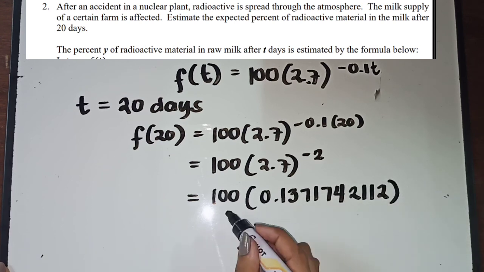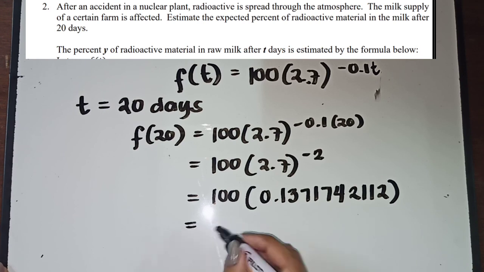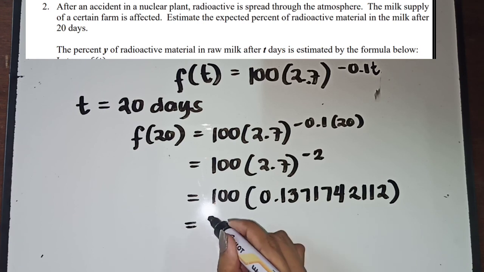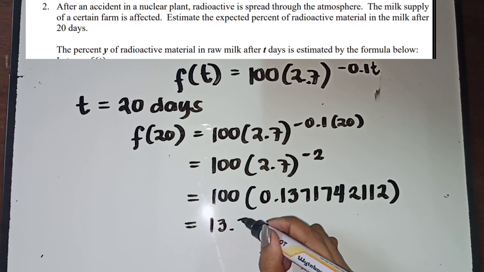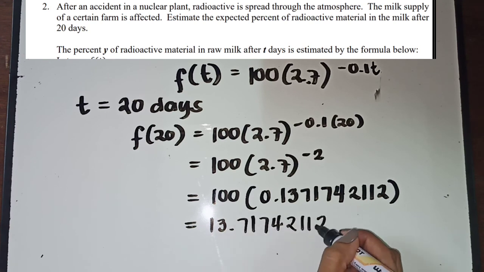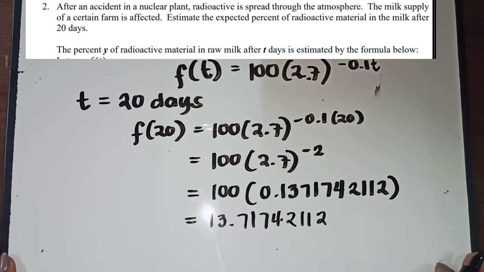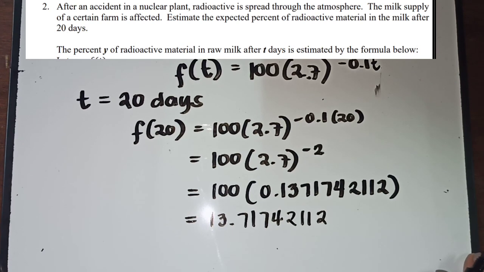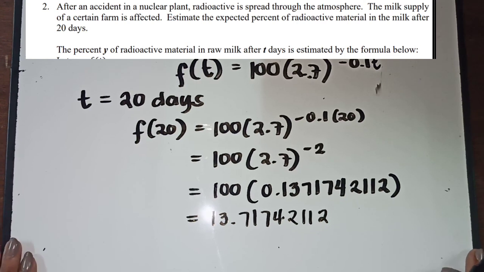Then multiply it by 100. So that is equal to 13.71742112. Okay? So again, ang tinatanong sa atin is ilang percent. Okay? So the percent Y of radioactive material in raw milk after 20 days.